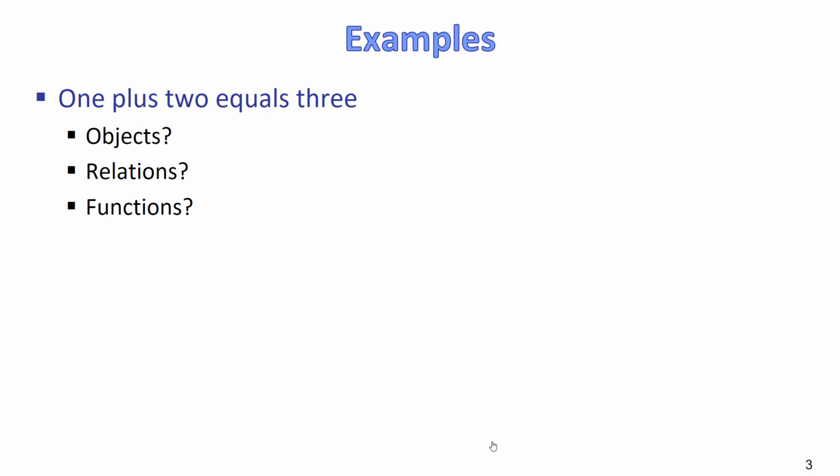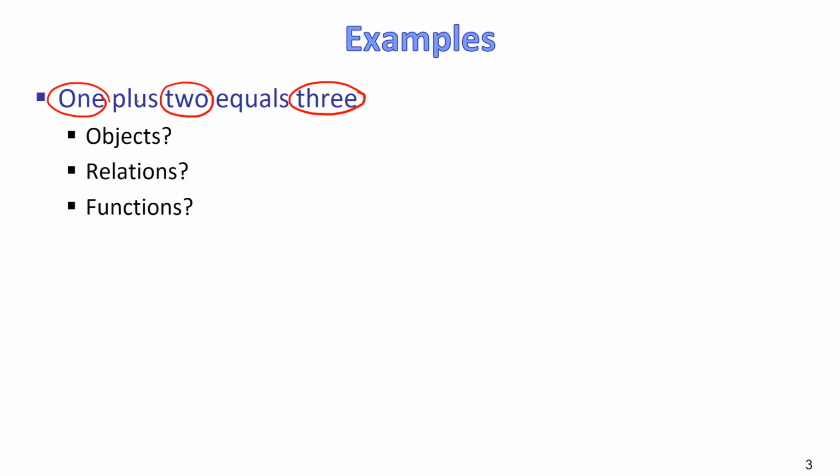Example: 1 plus 2 equals 3. That's a full sentence. Now I can see inside this sentence that 1 is an object, 2 is another object, 3 is a third object.